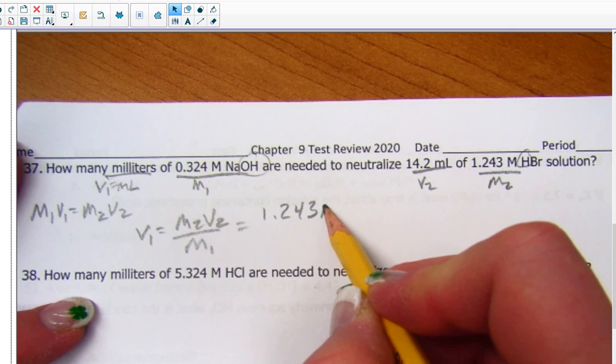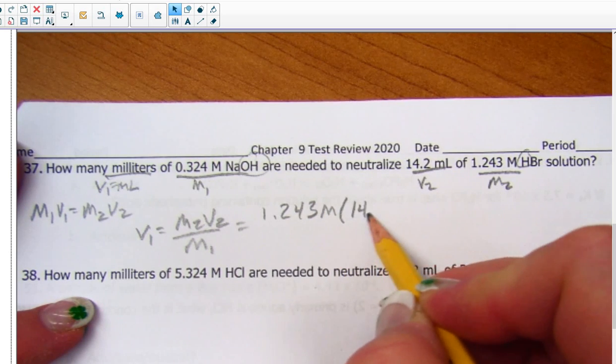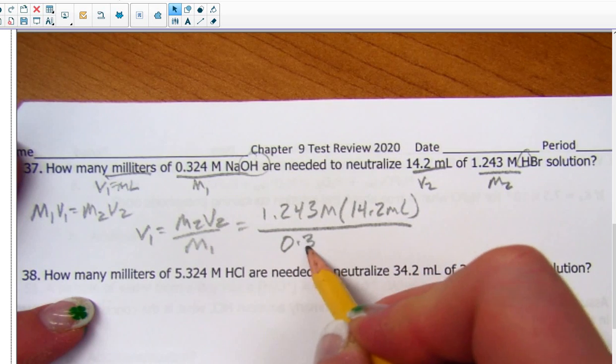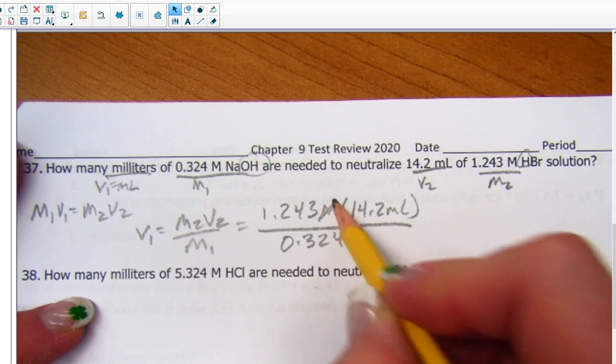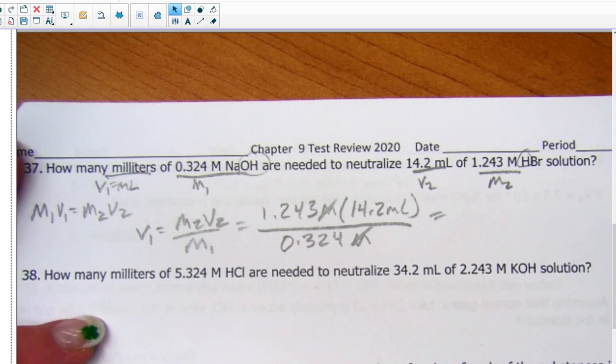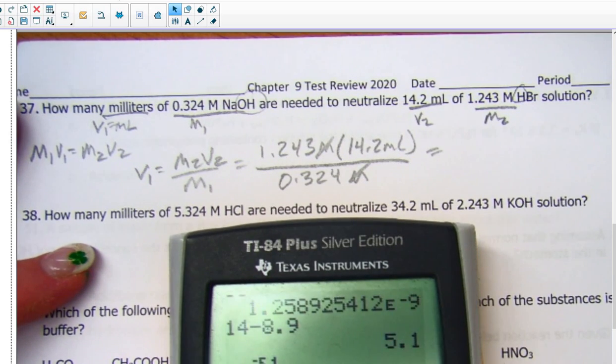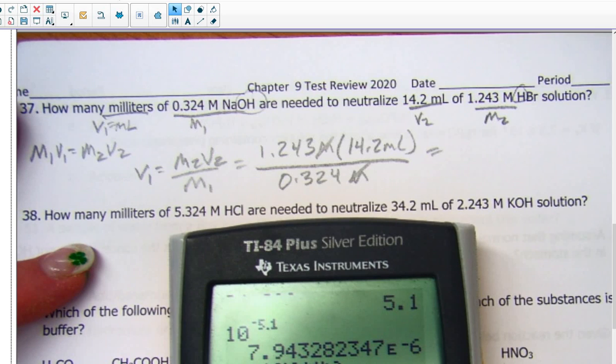Plugging in, 1.243 molar times 14.2 milliliters divided by 0.324 molar. Molars will cancel. Plugging into our calculator, 1.243 times 14.2 divided by 0.324.